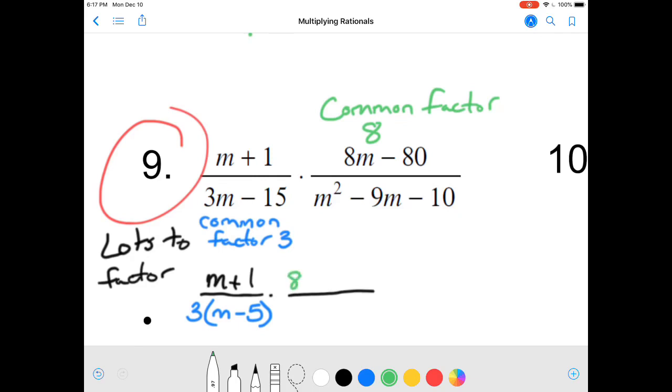So we're going to write our 8 on the outside of the parentheses. 8m divided by 8 is m, and 80 divided by 8 is 10. Now we're going to have to snowflake m squared minus 9m minus 10.